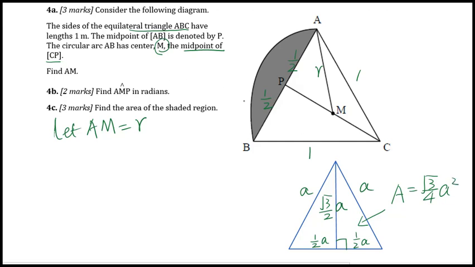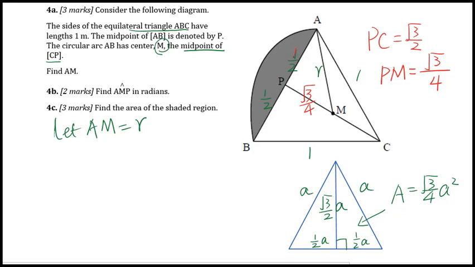Use these facts. We do know that PC equals square root of 3 over 2 times a, that's times 1, so still square root of 3 over 2. And PM is a half of PC, that is square root of 3 over 4. So label here square root of 3 over 4.